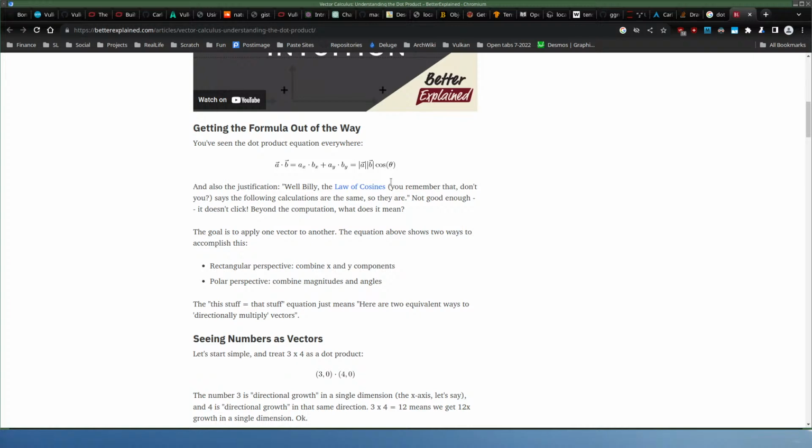If you project one vector onto another vector and they make an angle of 90 degrees, you get nothing, so the length of nothing is 0. And if they are parallel, they have the same direction, and the cosine is 1. So then the dot product is just the same as the multiplication of the two lengths.